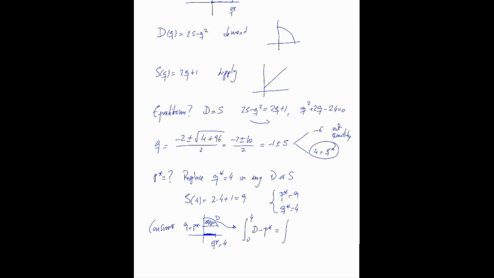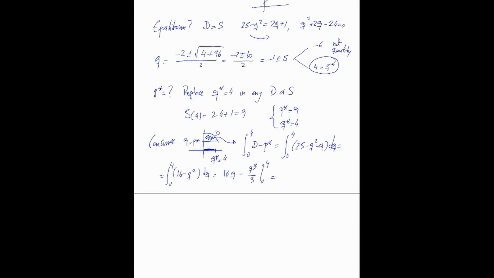So it's the integral from 0 to 4 of 25 minus q squared minus 9 dq, which equals the integral from 0 to 4 of 16 minus q squared dq, which is 16q minus q to the third over 3, between 0 and 4.